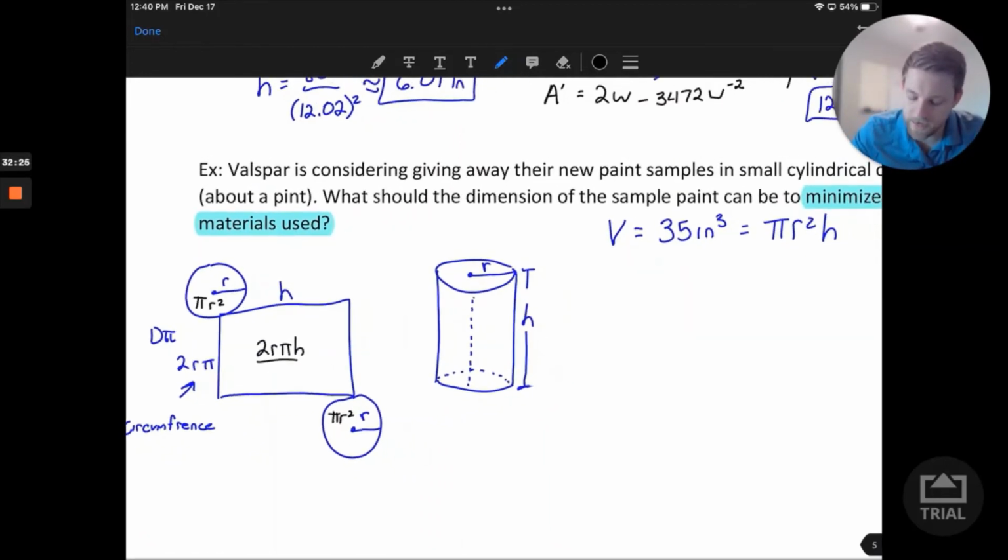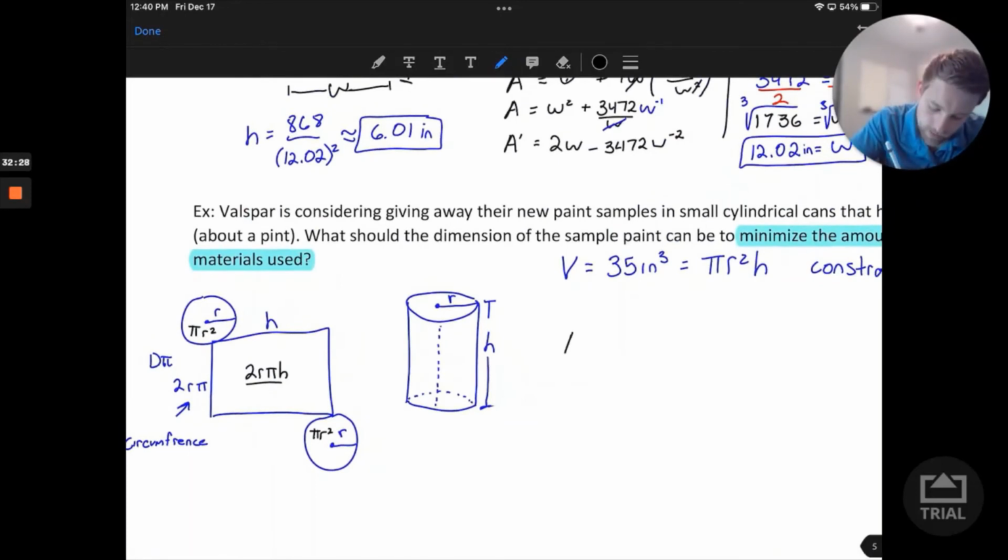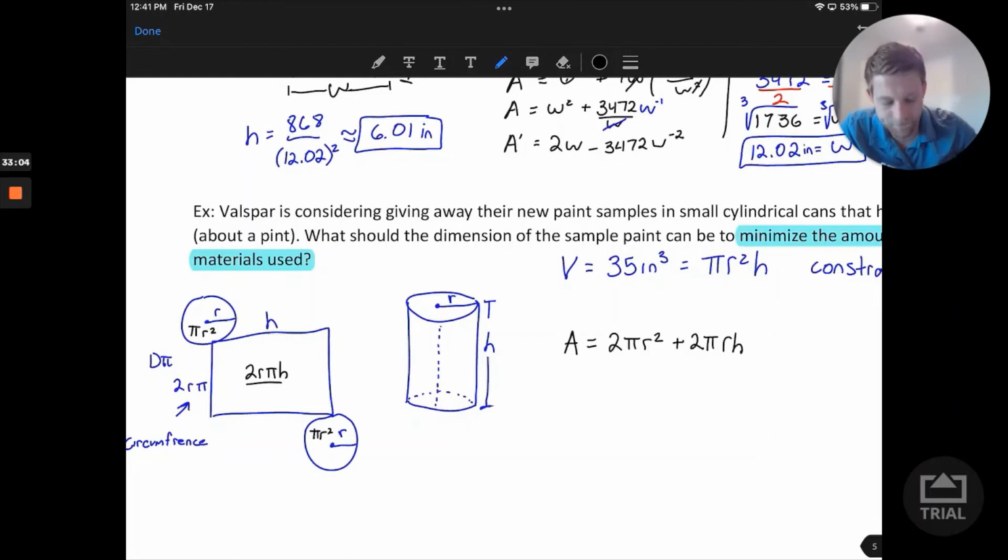So when I consider the areas that are involved here, we can say that area is going to be equal to 2 circles, 2 times pi r squared, plus 2 times pi times r h. I'll just rearrange those so that the coefficients are in the front. Okay, so that's looking pretty good. That would be the surface area of our cylinder, and that's what we'd like to minimize here to finish out.